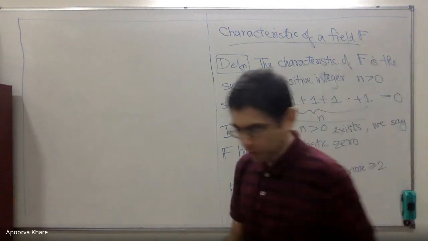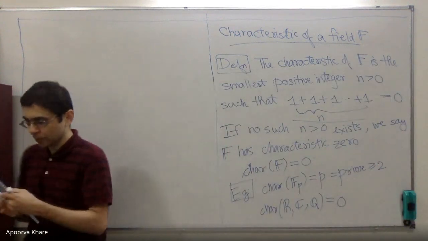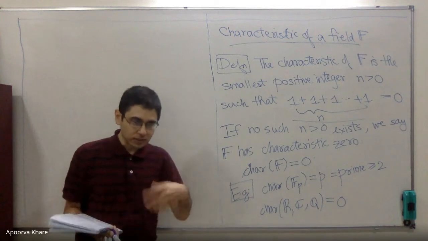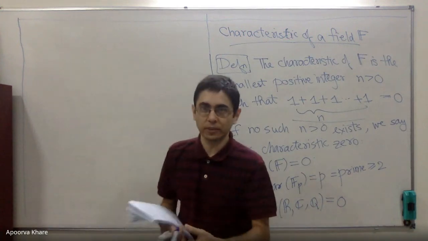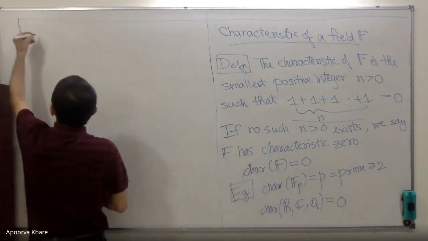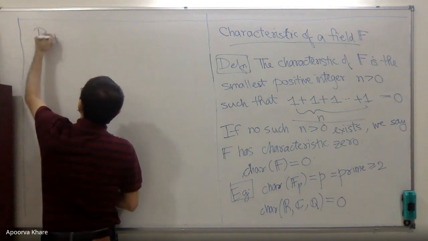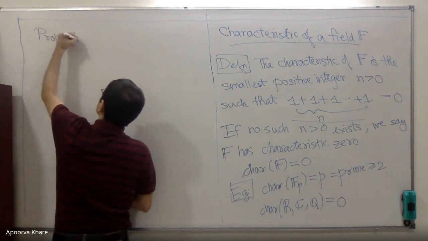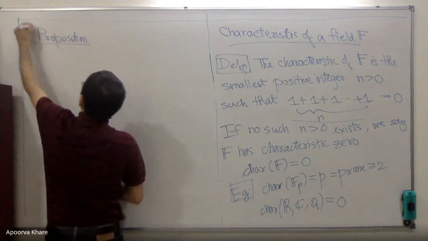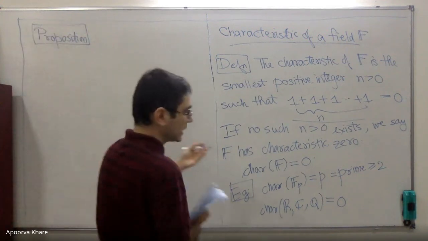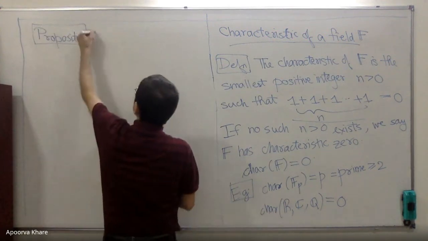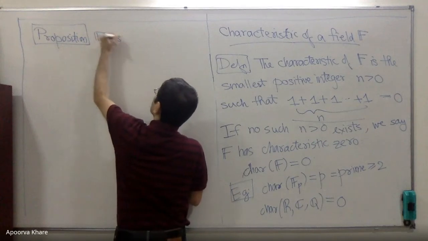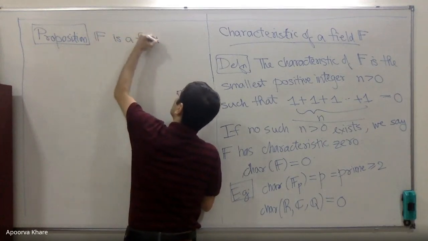So I'll prove 2 results right now. As I said, my point is to try to understand the structure of a field in slightly greater generality. So let's call this a proposition. F is any given field. There are 2 statements.